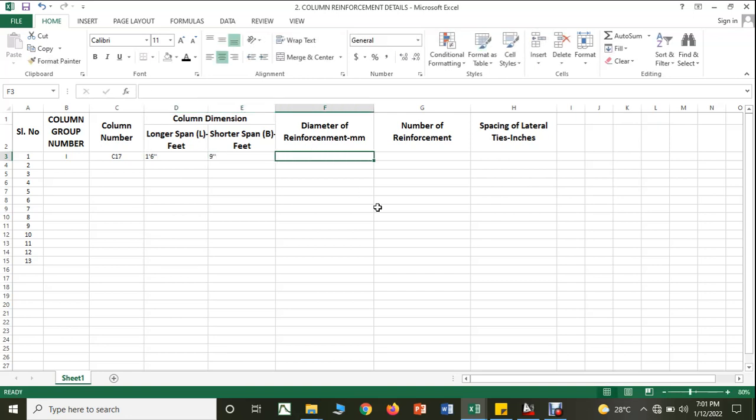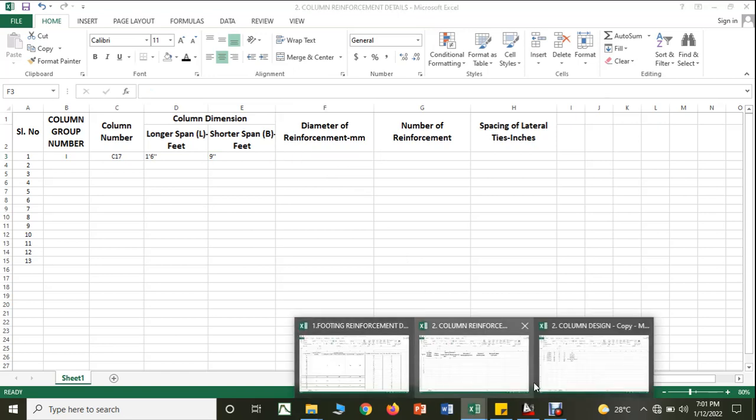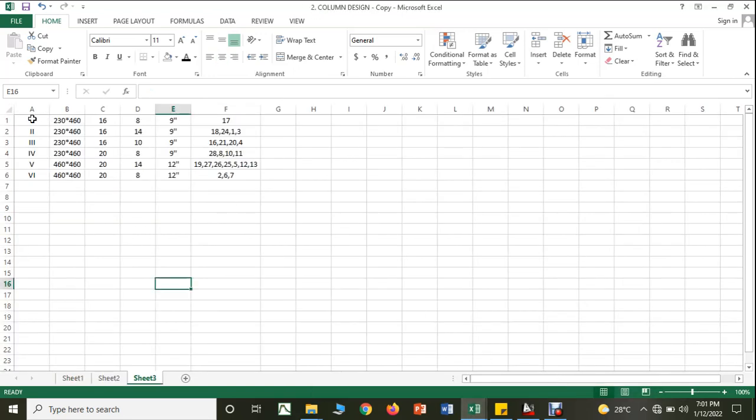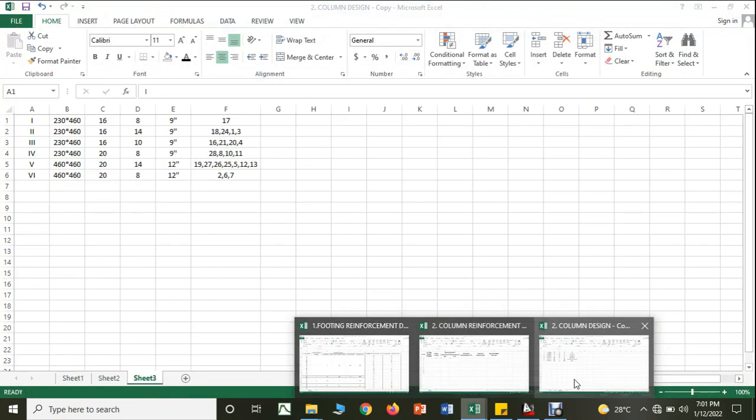The diameter of the reinforcement that I am going to maintain will be 16 mm dia of 8 numbers.